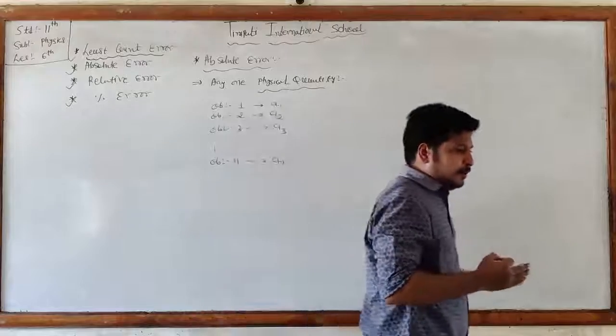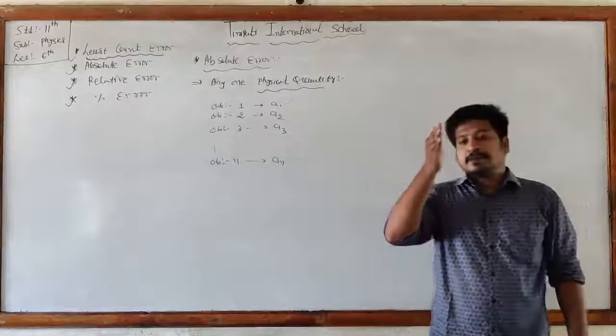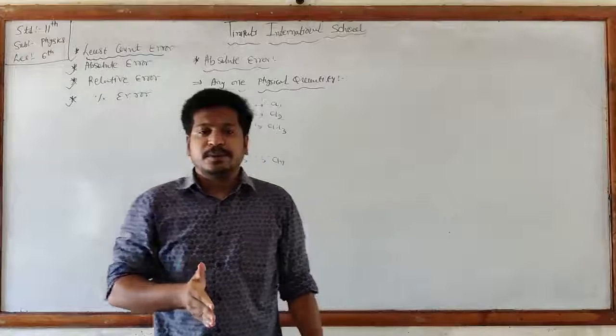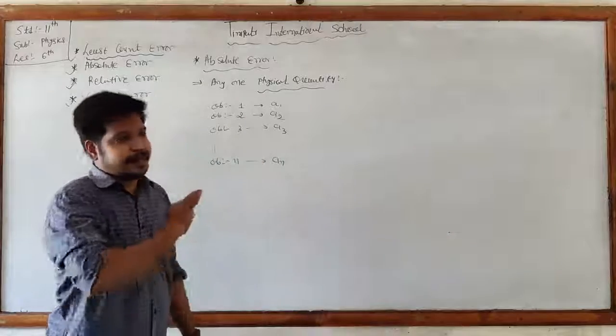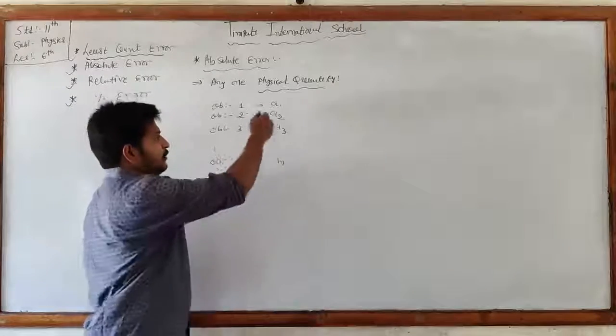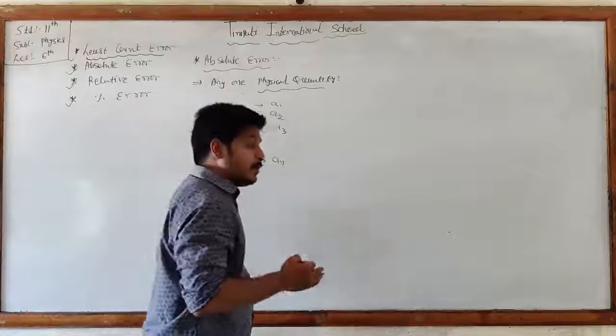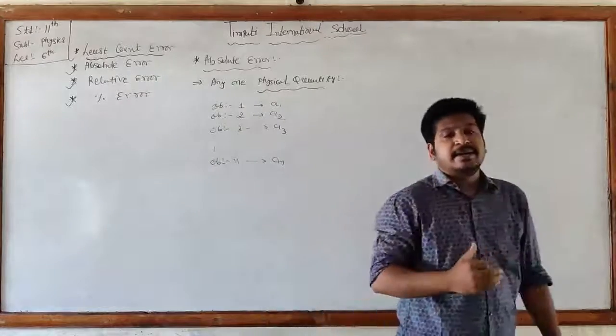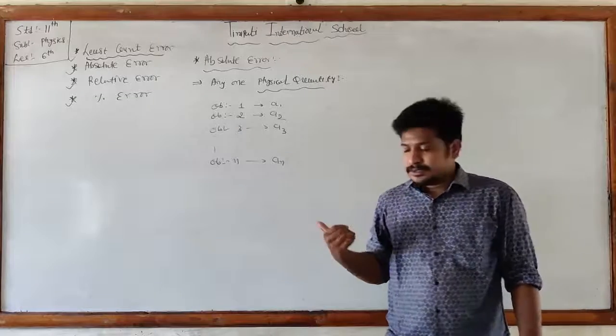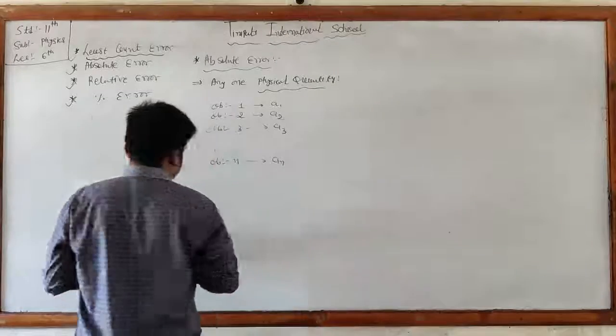First of all, you have to do some observations and mark them. You write them as A1, A2, A3, and so on. Then you have to find the arithmetic mean of all these observations. So what is arithmetic mean?